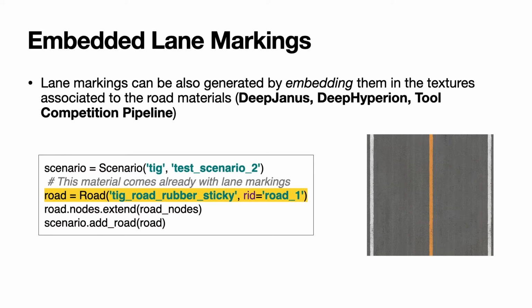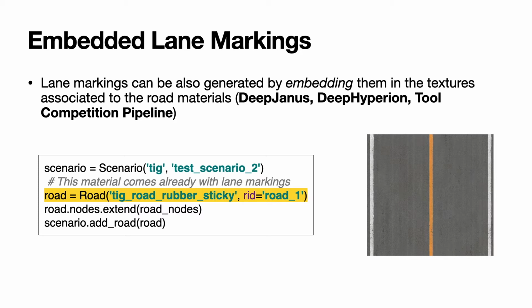The alternative, which is adopted by tools like Deep Janus, Deep Hyperion, and the tool competition pipeline for this year SBST tool competition, is that we can create a texture that indeed embeds the lane marking, and then let the simulator adapt it to the road geometry. So here I report a picture of a road that is similar to what I just showed you, right?